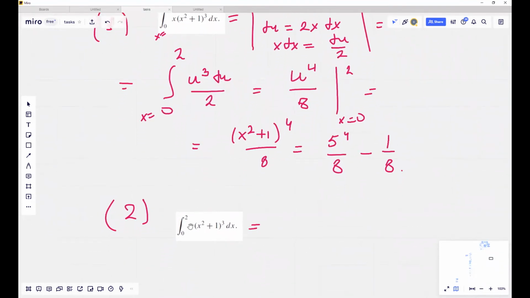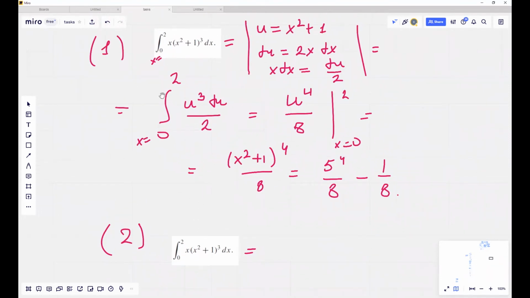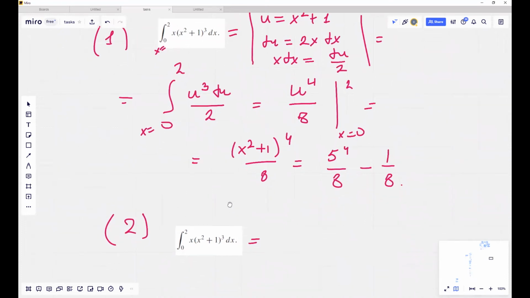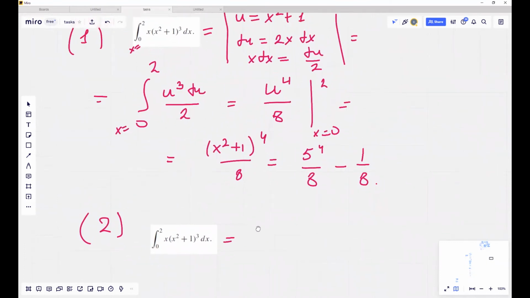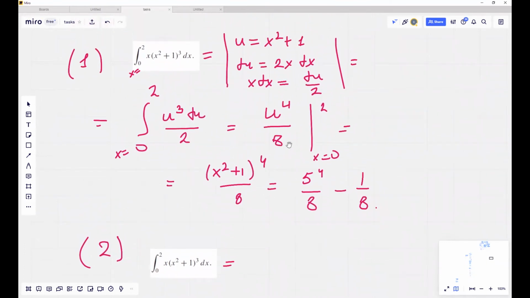We are also going to change the boundaries of integration. In first method, we kept them in terms of x. Now here we are going to change them in terms of u, such that when we get to this step here, when we receive our integral as a function of u, our boundaries will be also in terms of u, so our boundaries will fit.